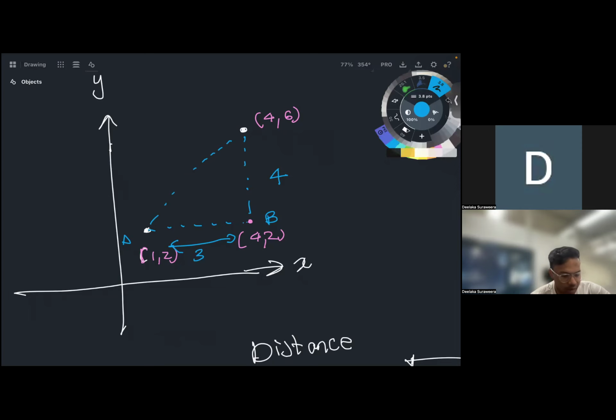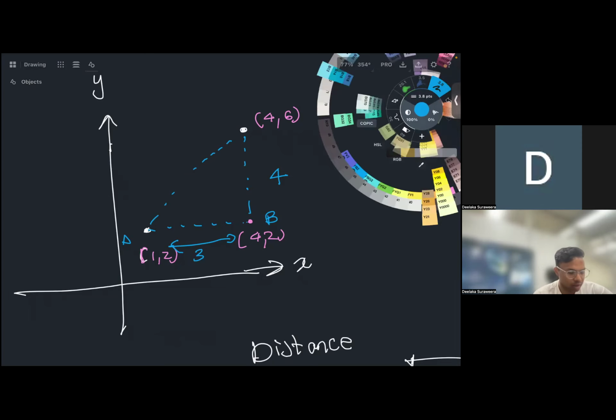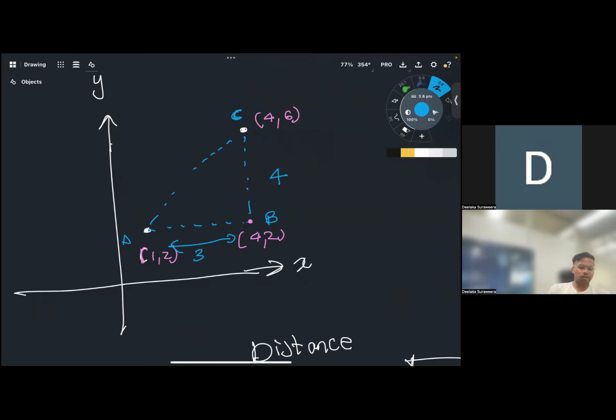A to C. Actually, I've not labeled C, but this is C, 3, 4. What's the distance from A to C? No, distance, that's how long it is. So 5. Do you see? You go right by 3 and up by 4.